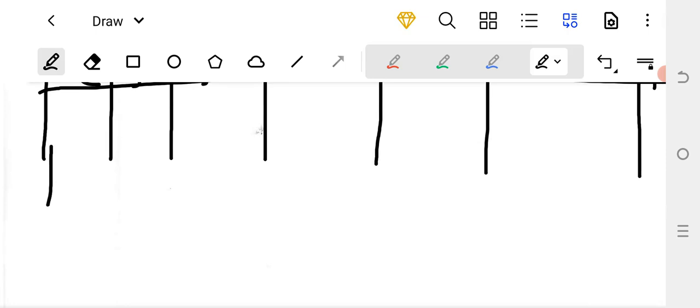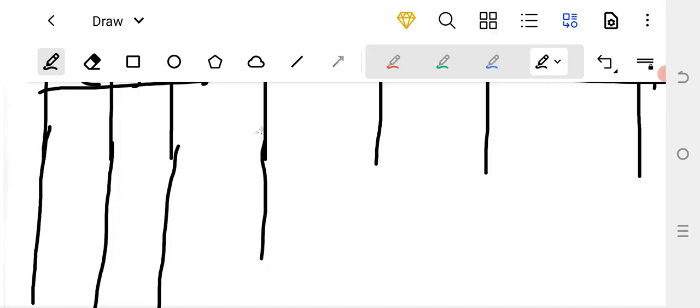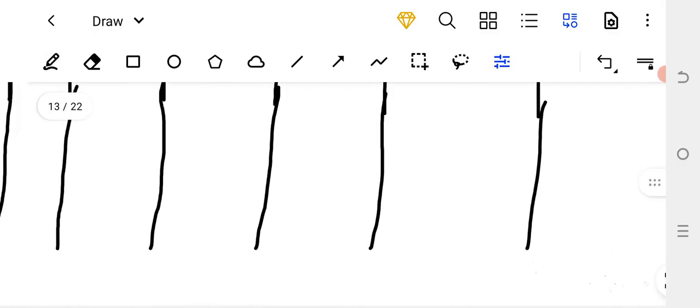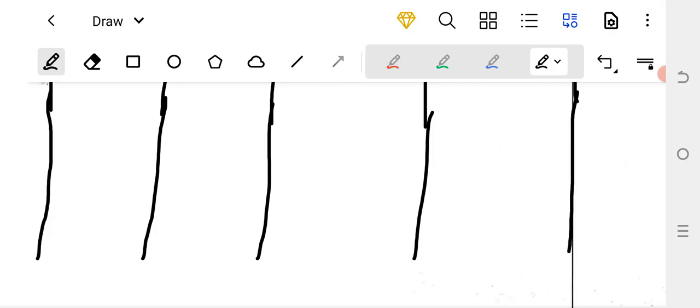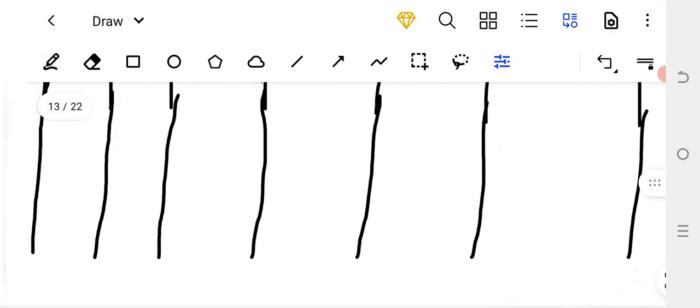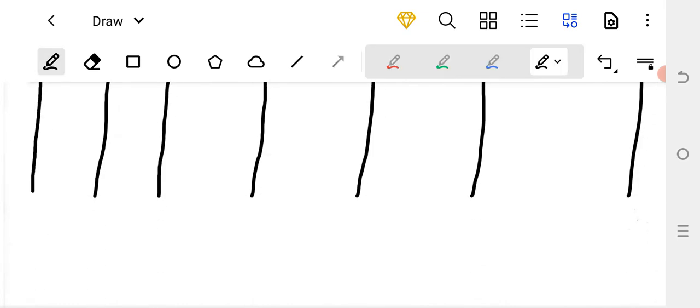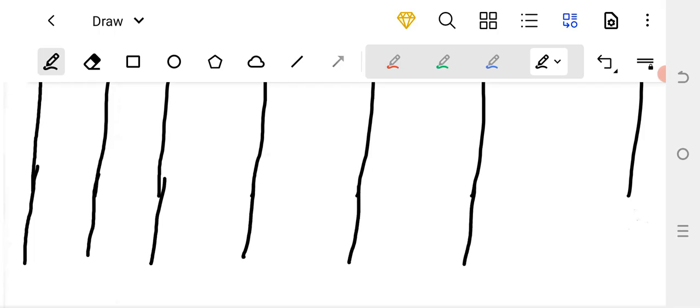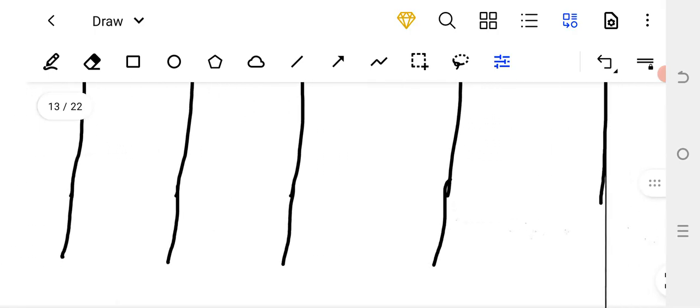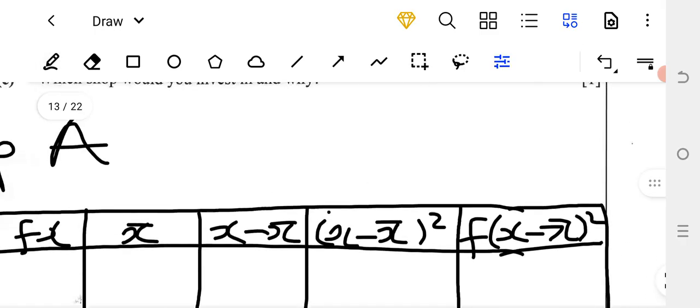We can extend these lines. I think if you draw the columns all the way up to there, it would be enough.